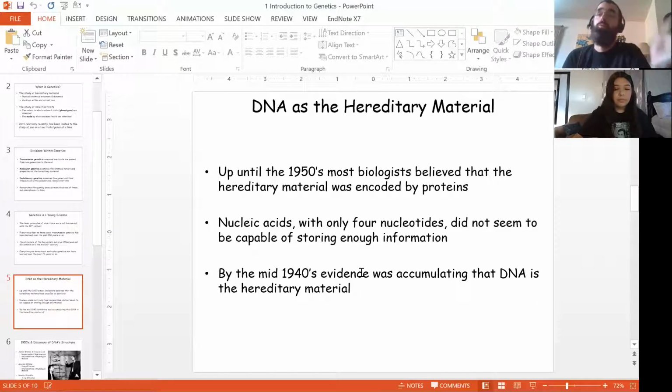But scientists didn't know what carried it. It's a little bit shocking to think of that because it's dogma now, right? DNA is the hereditary material by and large, unless you're a virus, in which case it might be RNA, right? But until the 50s, that really wasn't established.